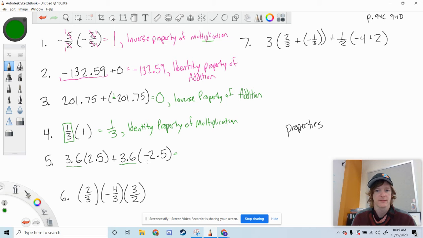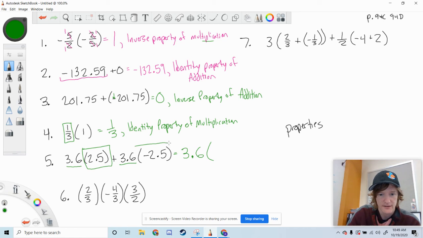But I'm going to do the distributive property, where I'm going to take out this 3.6, and I'm going to recognize that this is 3.6 times two different things, times this plus this. Okay, so it's times 2.5 plus negative 2.5. So the property I use, and I'm just going to label it here up above it, this is the distributive property.